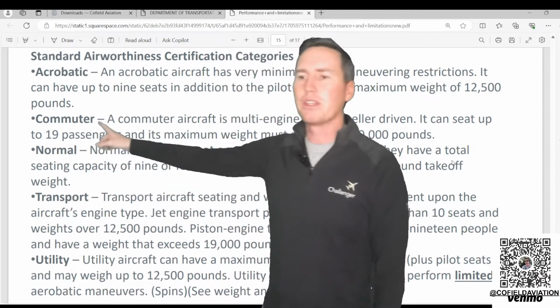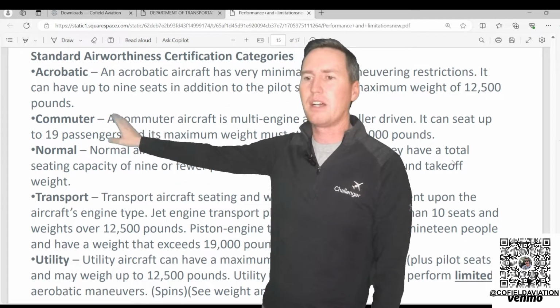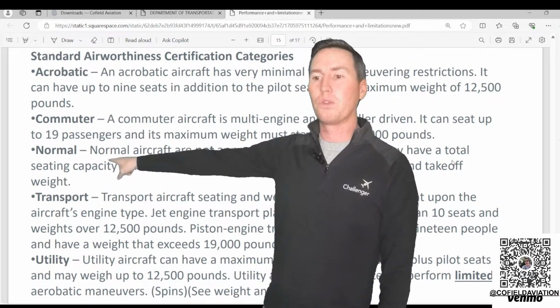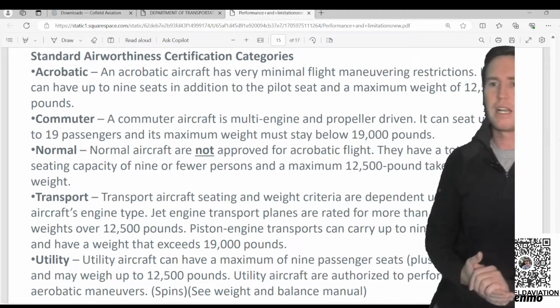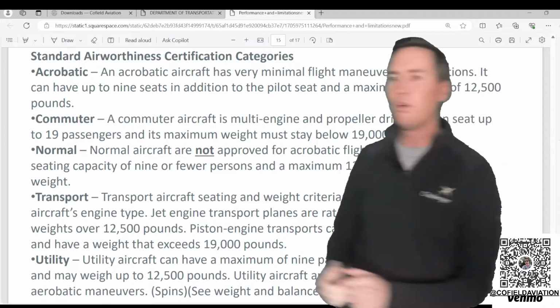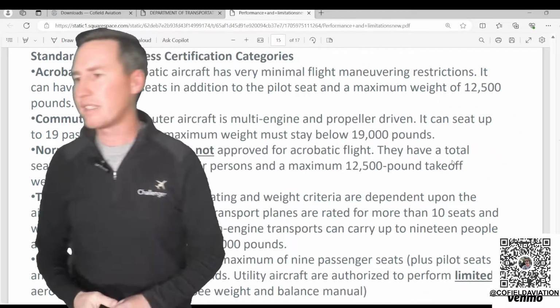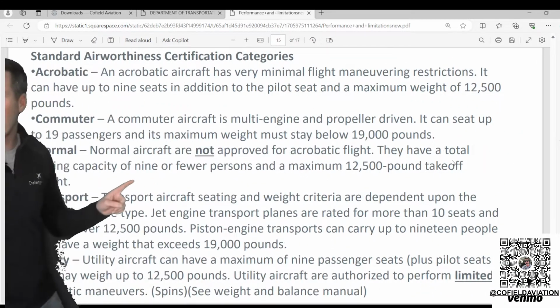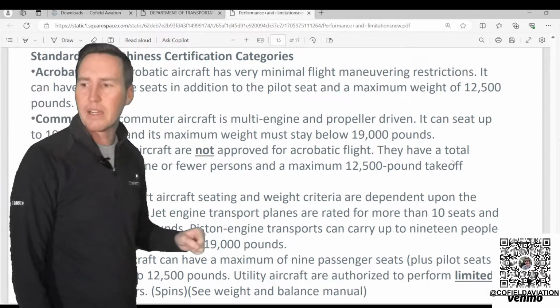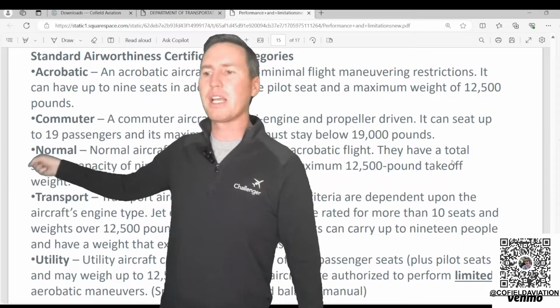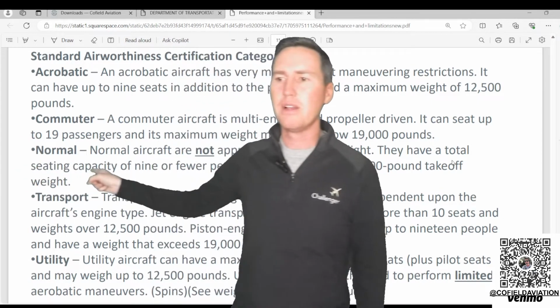Okay. There's a commuter category. That's not us. Here's us right here. Normal category. So normal aircraft are not approved for aerobatic flight. They have a total seating capacity of 9 or fewer persons and a maximum 12,500 pound takeoff weight. Okay, so this is us right here. This explains what the normal category is for us.